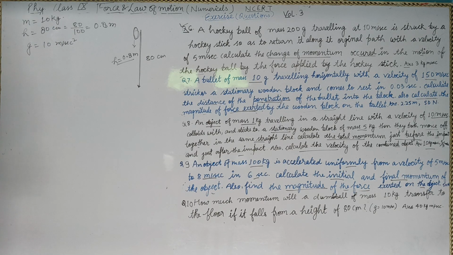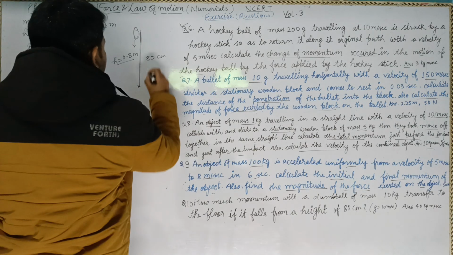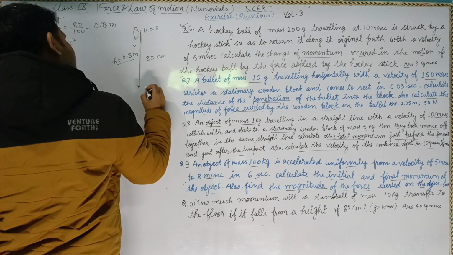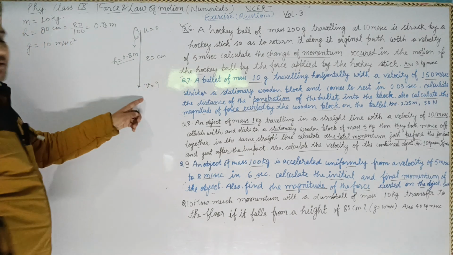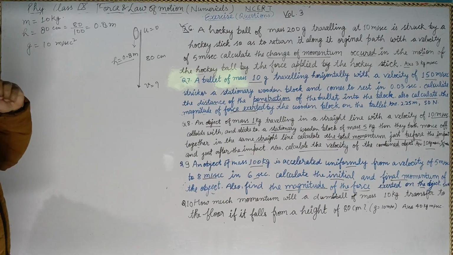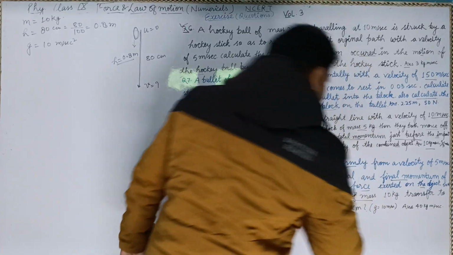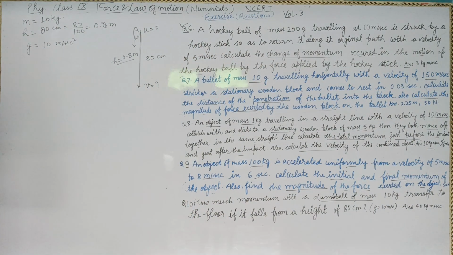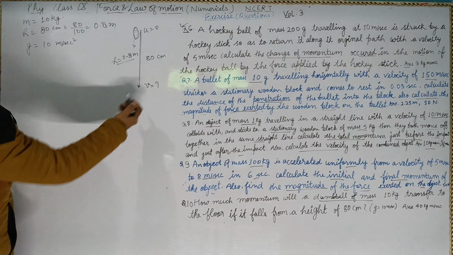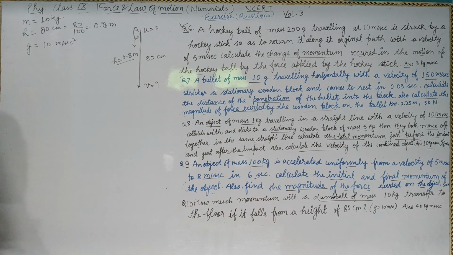For the momentum, we know that we need the velocity. Here initial velocity is 0 and final velocity we have to find. Then we calculate the momentum of the dumbbell. Initially we have to find the value of v.